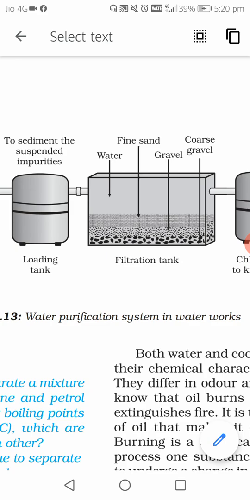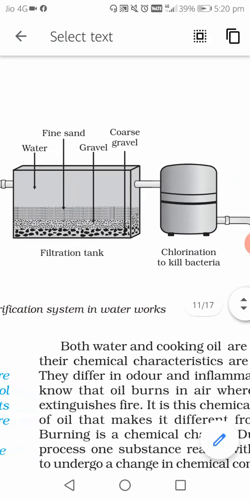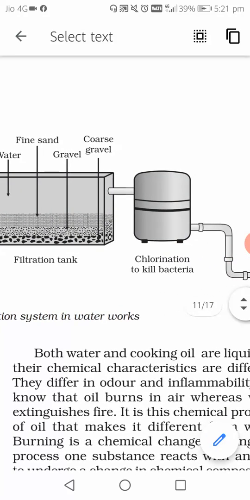Only water can pass through it, but impurities cannot; impurities will be filtered. That is why it is filled with coarse gravel, then fine sand, in such a way that water passes through them, the impurities get stuck there, but water flows easily and is collected in the next tank.